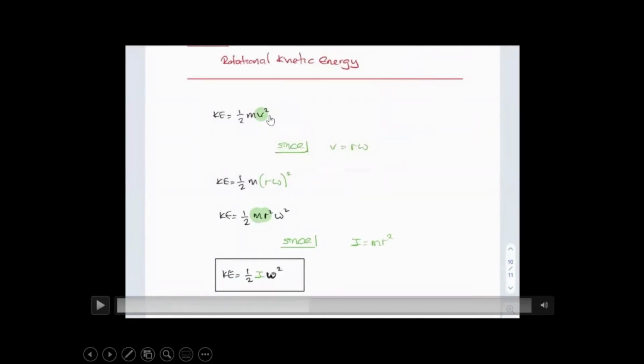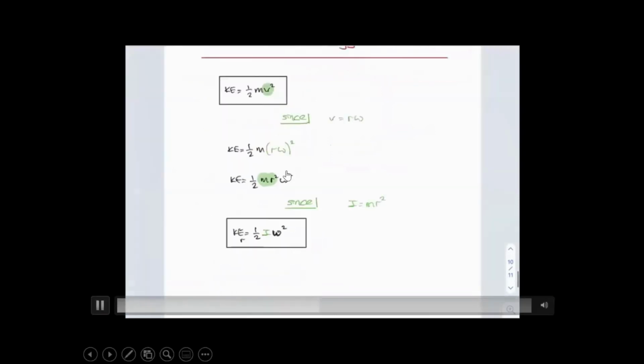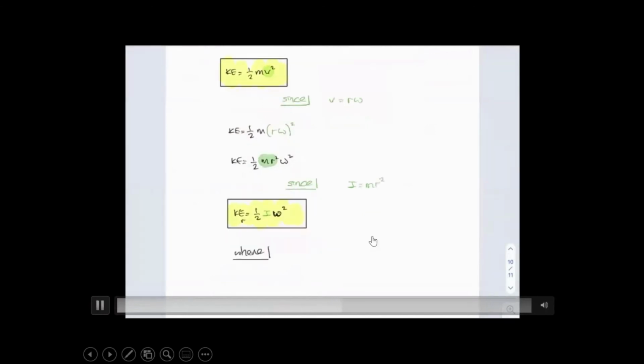So we go from linear kinetic energy, also known as the tangential or translational kinetic energy. The translational kinetic energy refers to the center of mass moving linearly, so that represents the kinetic energy of the center of mass of the tire. And this represents the rotational kinetic energy of the tire.